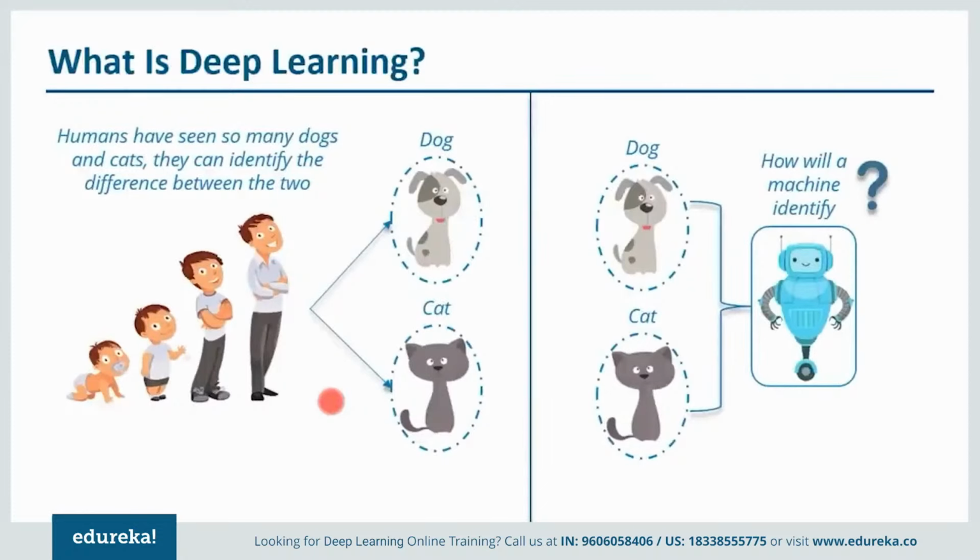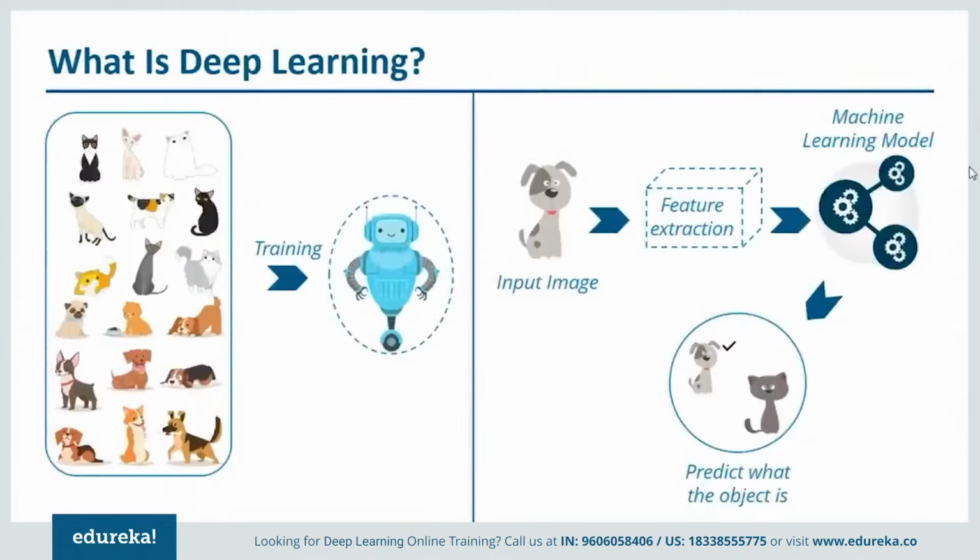But what if I want a machine to do that task for me? How will a machine identify whether the given image is of a dog or a cat? One way of doing that is we can train our machine on a lot of images of different cats and dogs, that is different breeds of cats and dogs. Once our training is done, we can provide it with an input image.